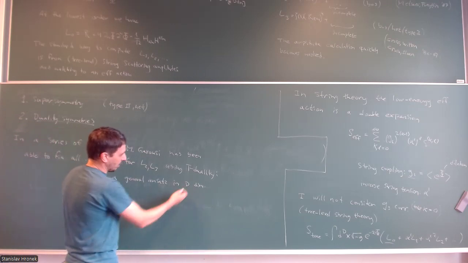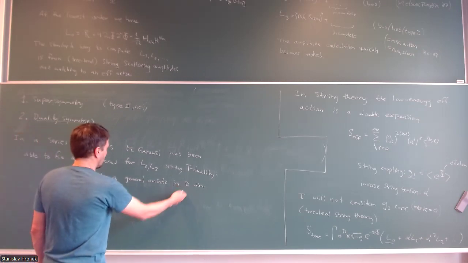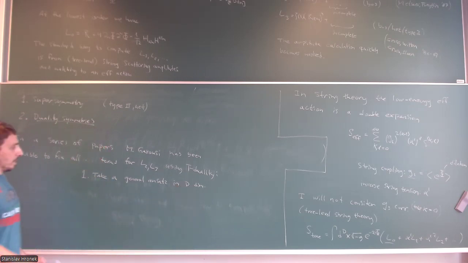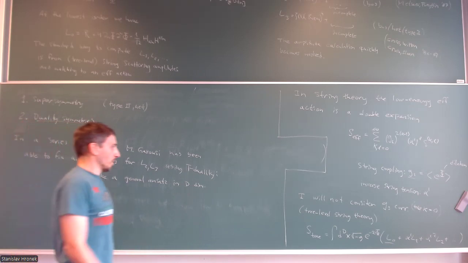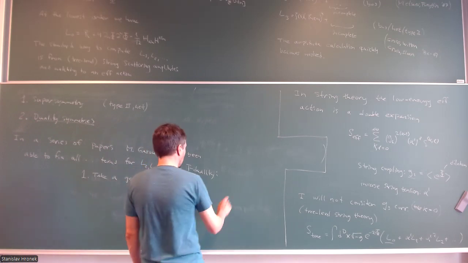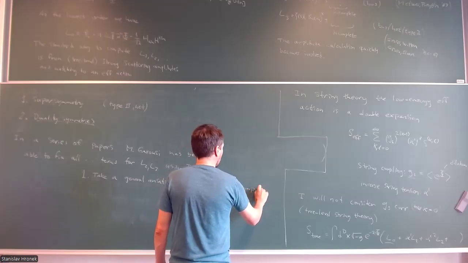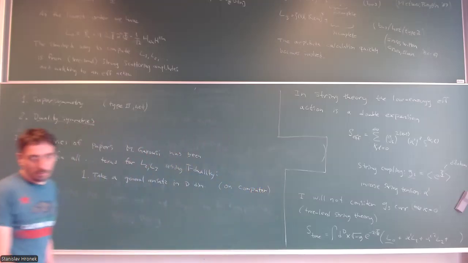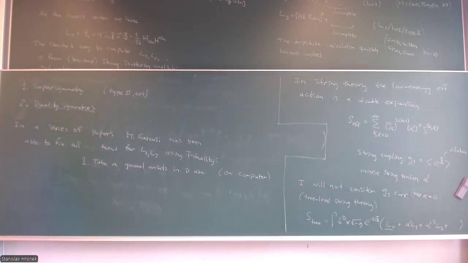It doesn't matter really what the dimension is, it could be arbitrary, but essentially we're interested in 26 or 10. So already from that you can see that you have to implement this on a computer. There's no way you're going to write down all 1,000 terms on this board. So this was all done on a computer, with some symbolic algebra packages, which can enumerate all the possible terms relatively easily, to take the most general ansatz for the effective action. Okay, that's only step one.